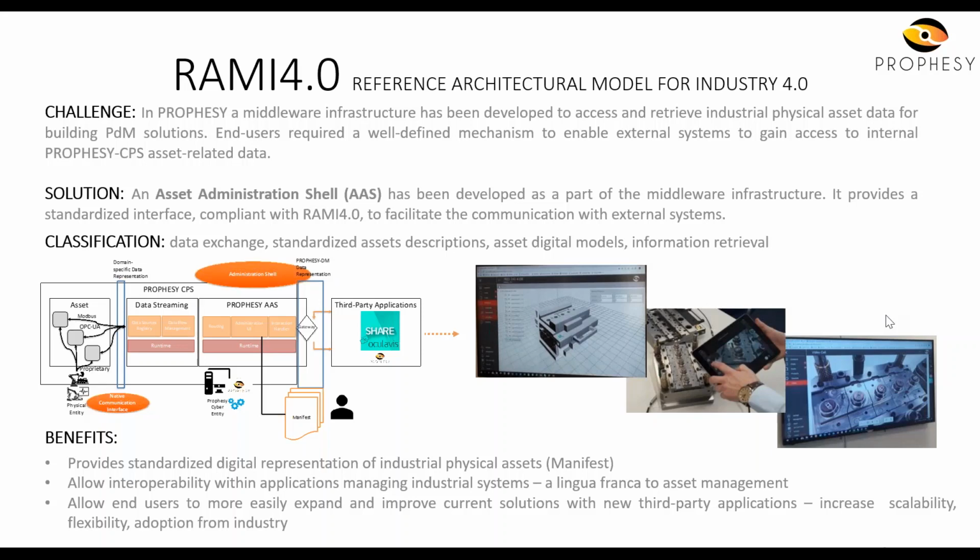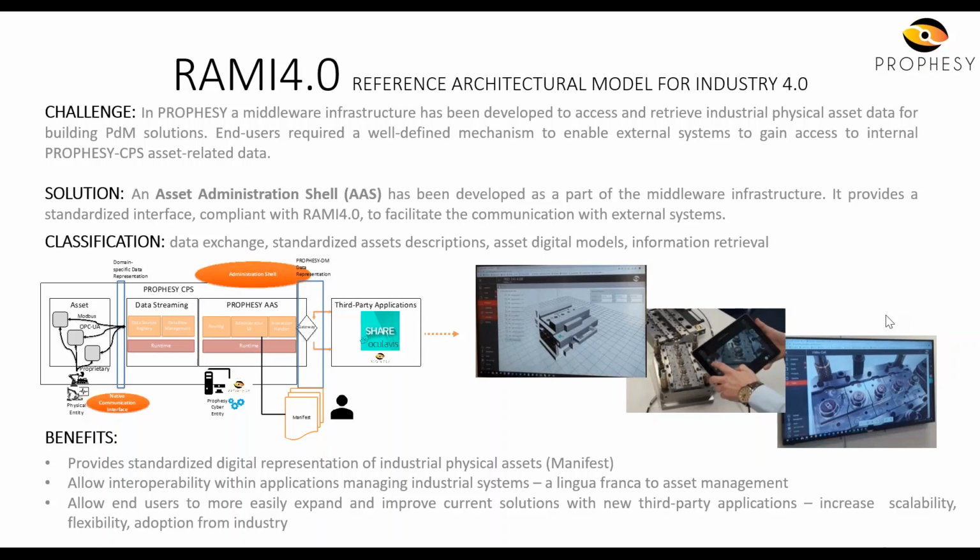So the benefits of this approach, we can summarize in three points. The first one is that the asset administration shell provides a standardized, manufacturer-independent digital representation of a physical asset.